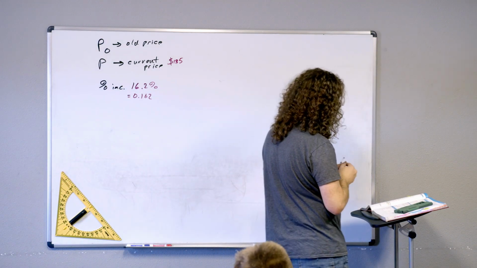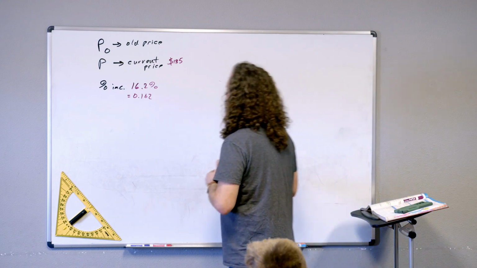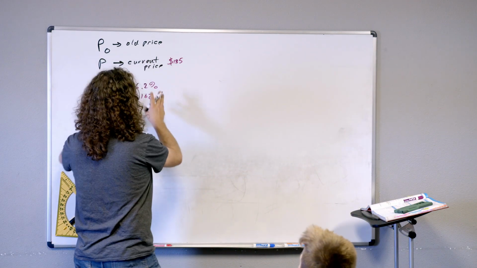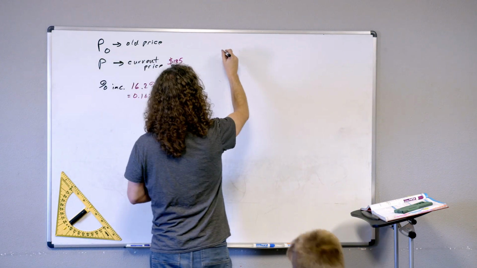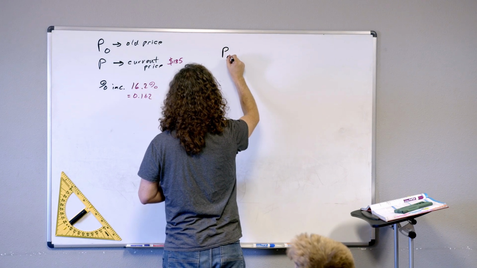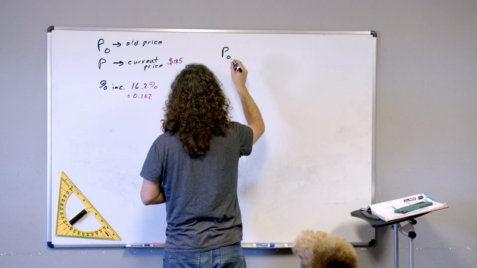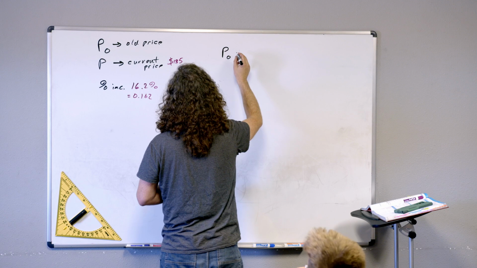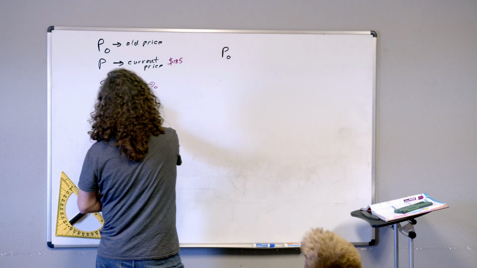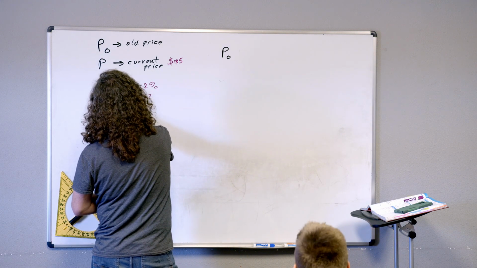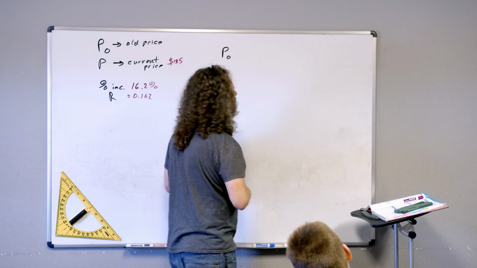Okay. So the formula that we would end up doing would be the original price. We need to make this be, how about rate? That sounds fine.